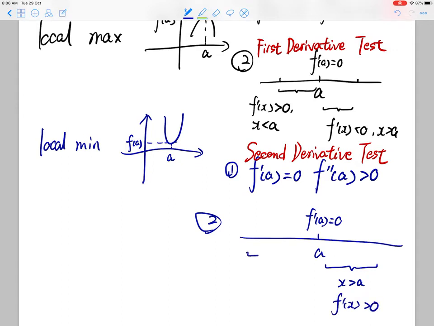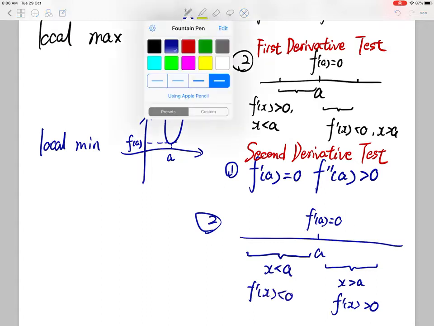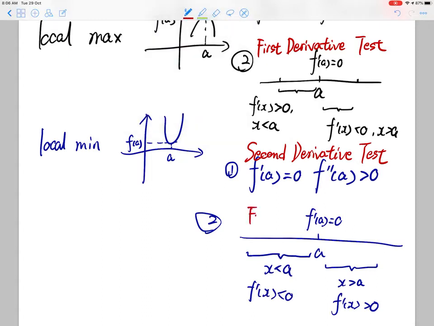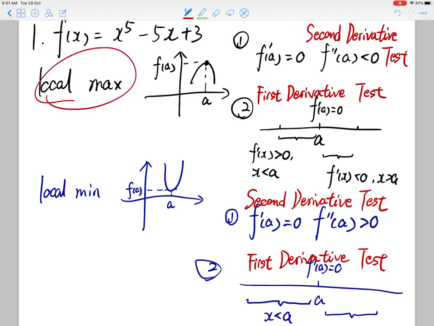When x is slightly smaller than A, the function is decreasing, so the derivative should be negative. So this is the first derivative test. This is a local minimum case, and this is a local maximum case.